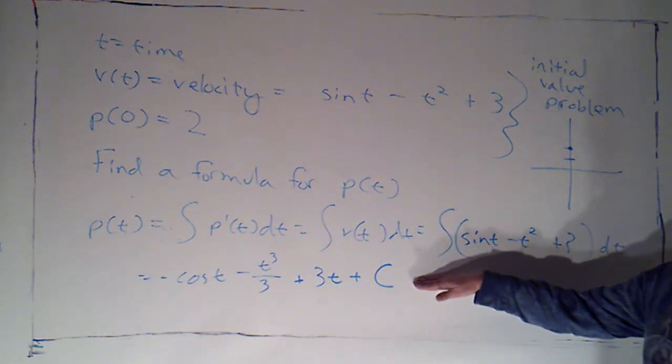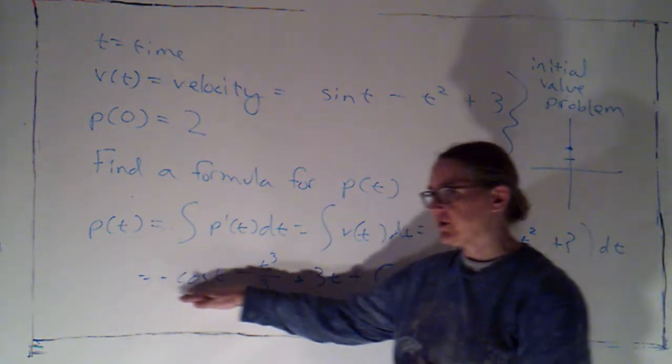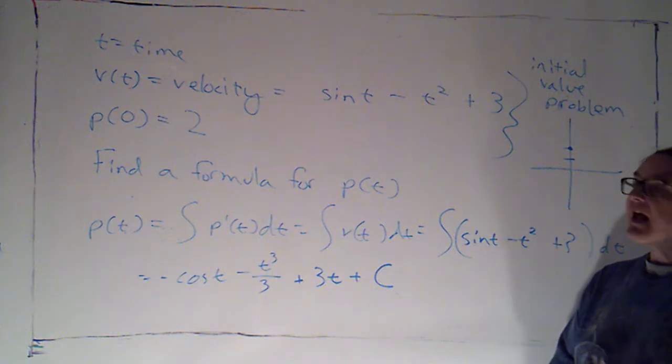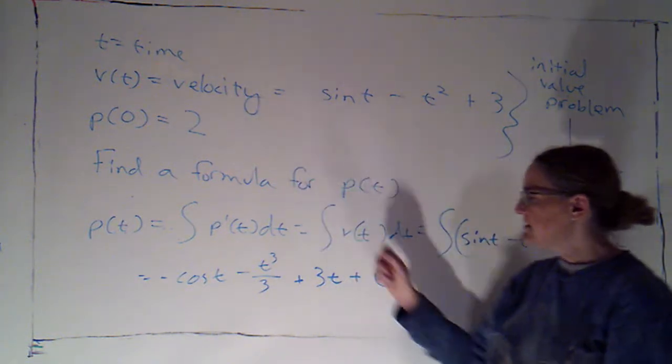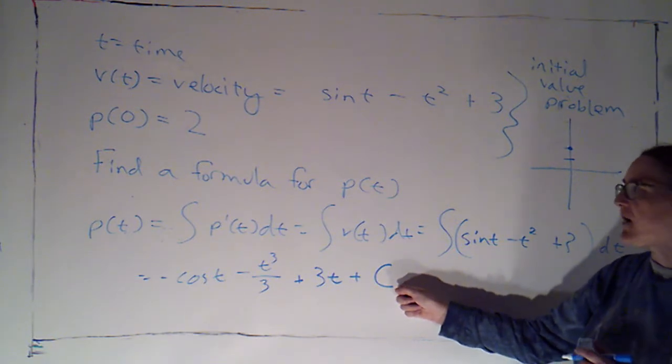So this gives me the general form of my position function. This is infinitely many functions, and I know that my position function is one of them. Now I'm going to use the initial condition to figure out what value of c gives me the function that I want.